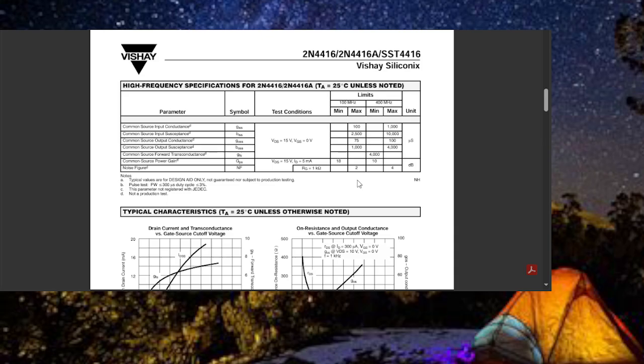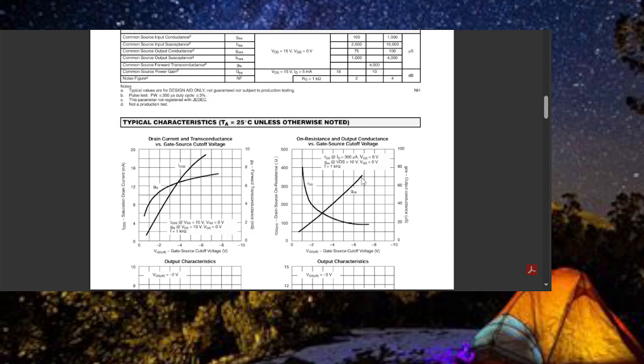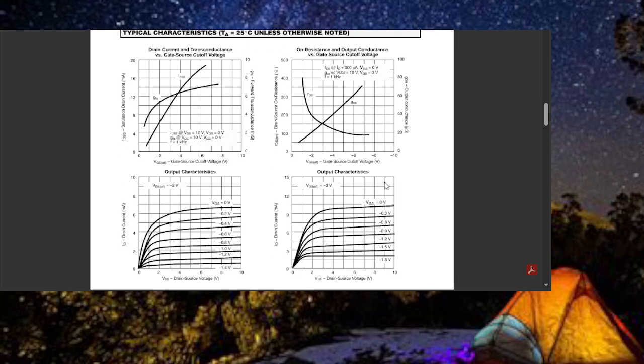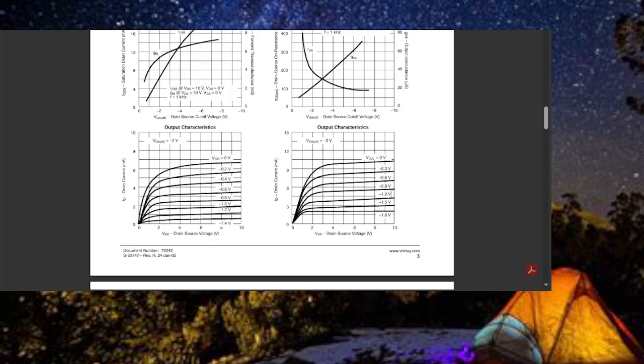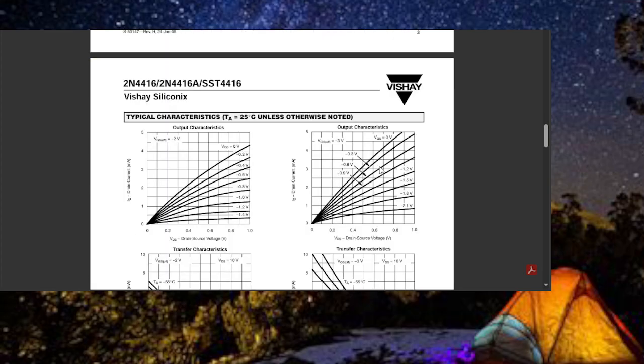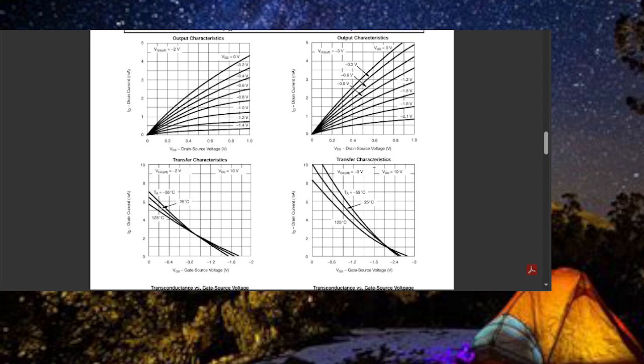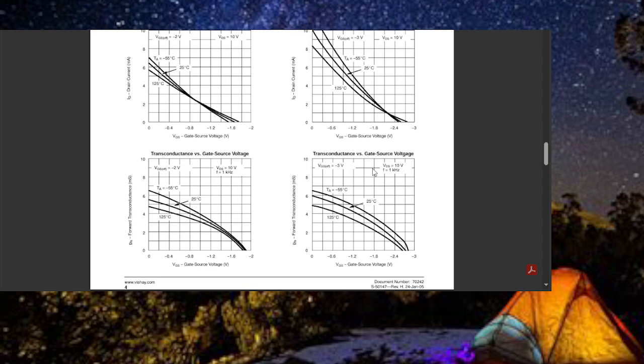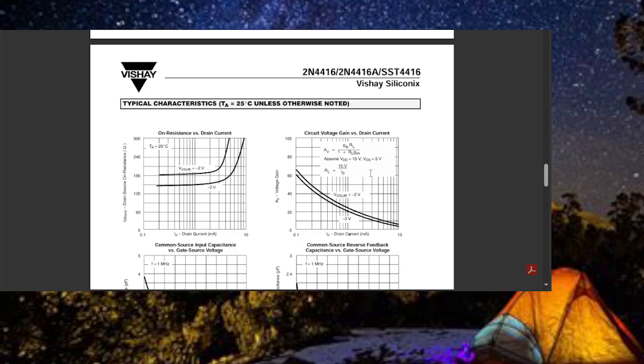Typical values are for design aid only, not guaranteed, etc. On resistance, drain current. There's a gain here. So we've got voltage gain with the drain current down at the bottom. So it has a high voltage gain with a very low drain current.